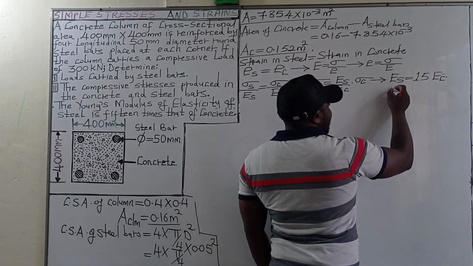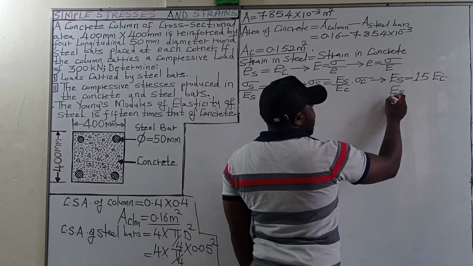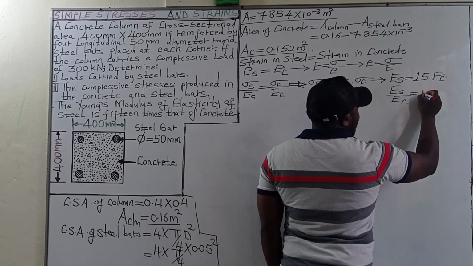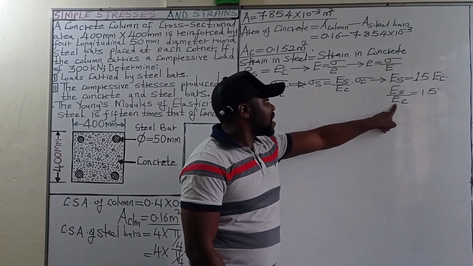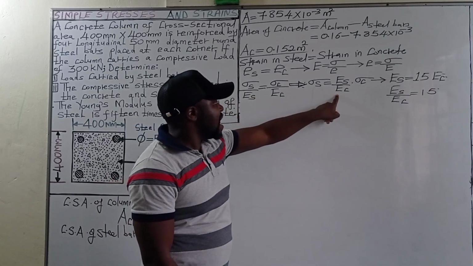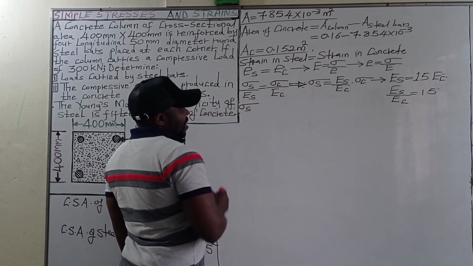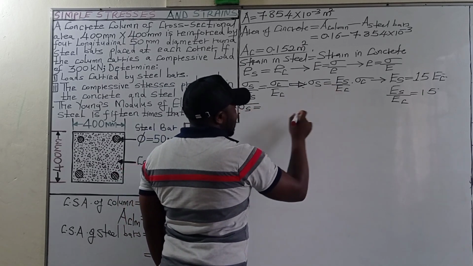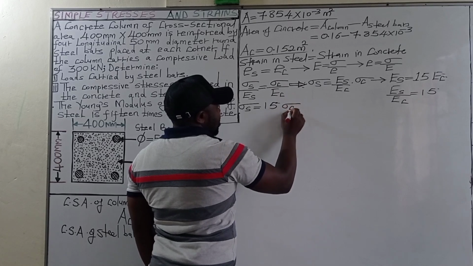This means that the ratio of the Young's modulus of elasticity of steel to that of concrete will be equal to 15. So we substitute this here, and this leads us to stress in steel equals ES over EC, which is 15. Therefore, that's going to be 15 times the stress in concrete.